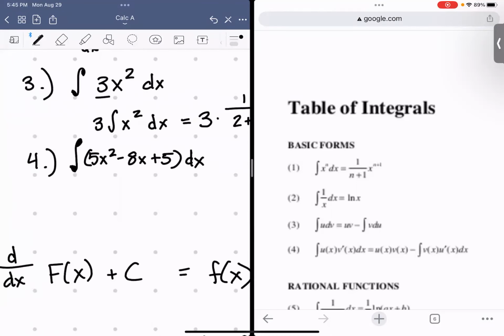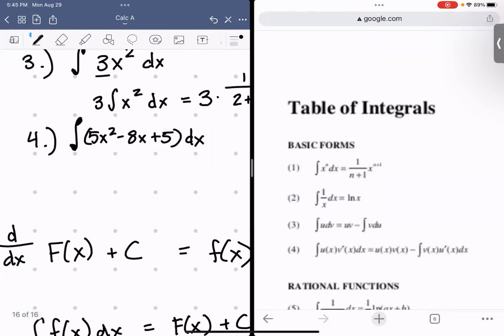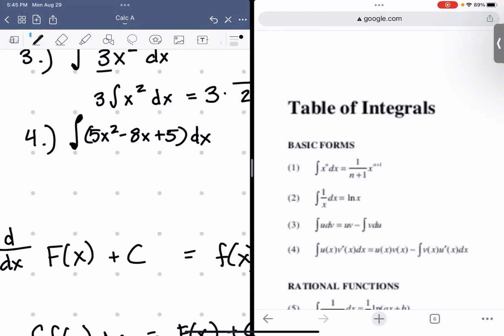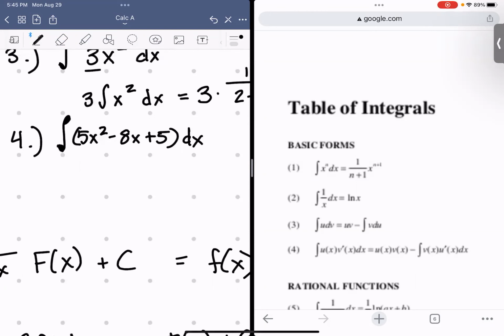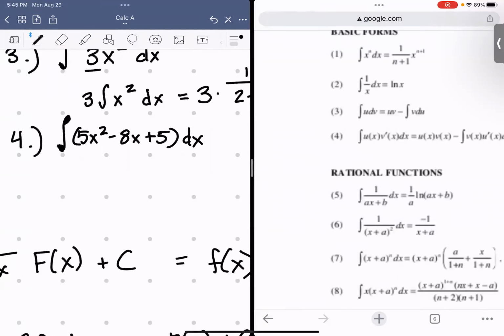Now try to do this problem on your own. I'm going to go ahead and do this problem right now.